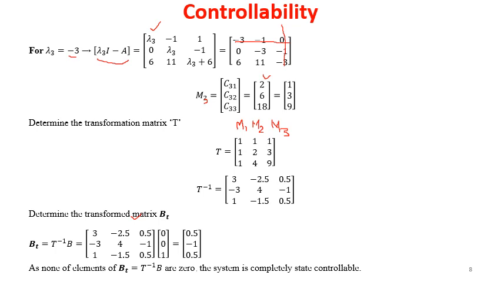There is one more, the Jacobian method also. Using that method also you will get a similar result, that the system is completely state controllable. Any of the two methods can be used. I think this method is quite simple and easy to do. Use a calculator while doing this problem.